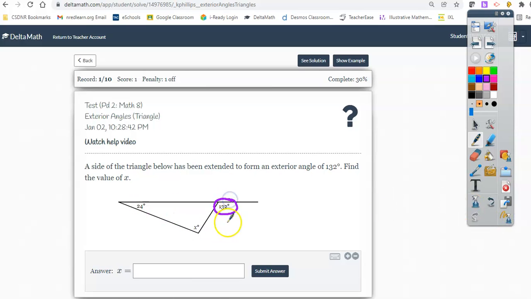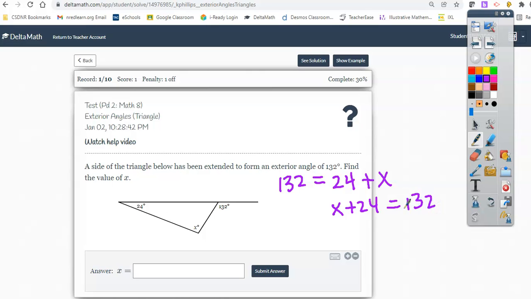The exterior angle is equal to the sum of the 2 remote interior angles. So 132 is equal to 24 plus x. I could even rewrite this the other way. X plus 24 is equal to 132, which you might feel more comfortable with.